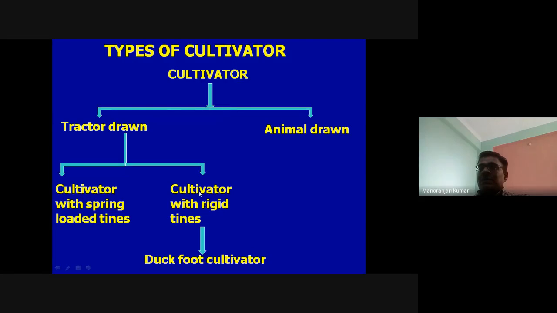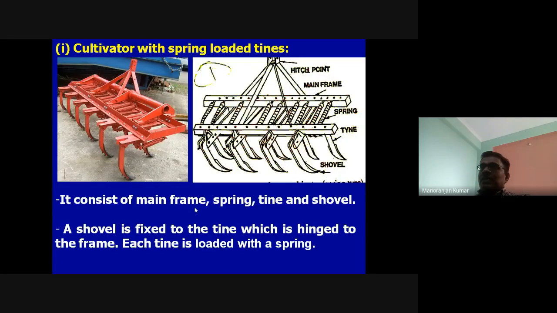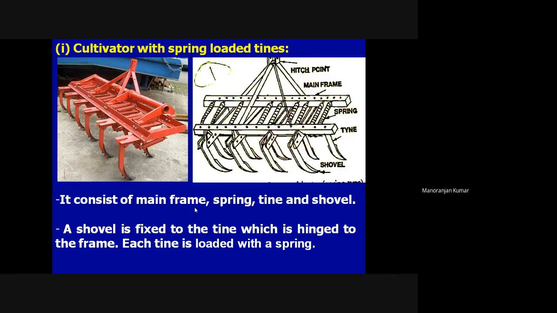And the second type is the cultivator with rigid tines. In this case, the springs are not provided. An example of the cultivator with rigid tines is the duck foot cultivator. So now, first we will see the cultivator with spring loaded tines. Before that, I will show you one video related to this cultivator.